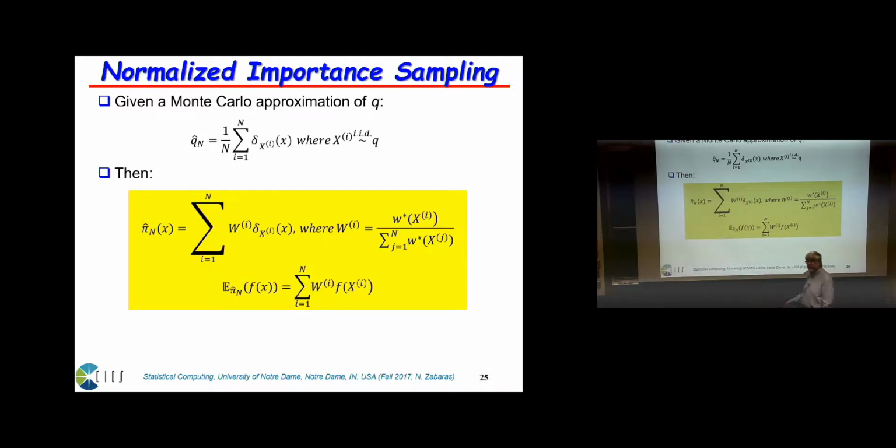So basically these are normalized weights. That's the only difference. So you don't really need to know the normalization factor of pi. Very useful. You can still apply this Monte Carlo estimator, but it's really the ratio of two Monte Carlo estimators, one in the numerator and one in the denominator, and when you put them together, effectively you get these normalized weights. Very simple.